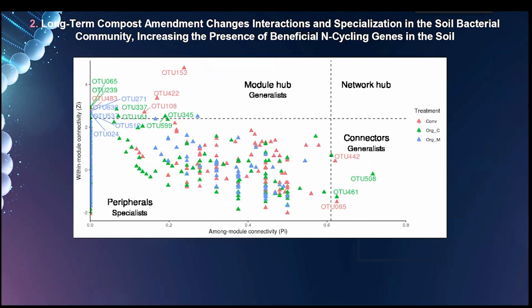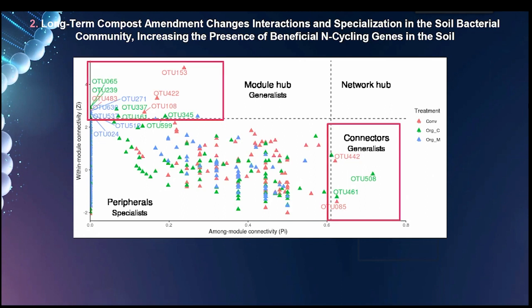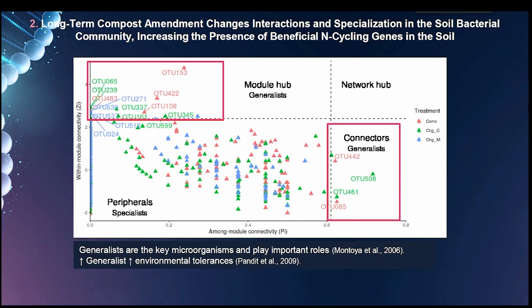We also studied the different roles of the microorganisms, and we found how the cropping system with compost had a higher number of generalists, which means connectors. The generalists are key microorganisms and play important roles, especially in soils, because they have a higher environmental tolerance. So it could be interesting, for example, for climate change.